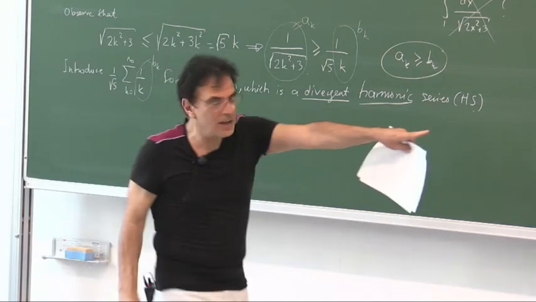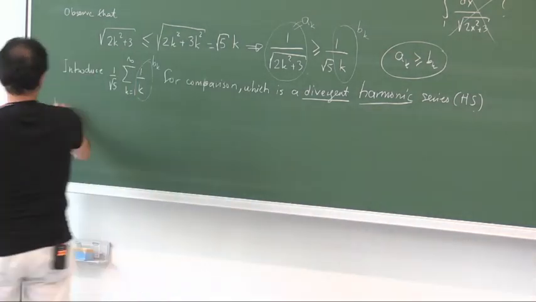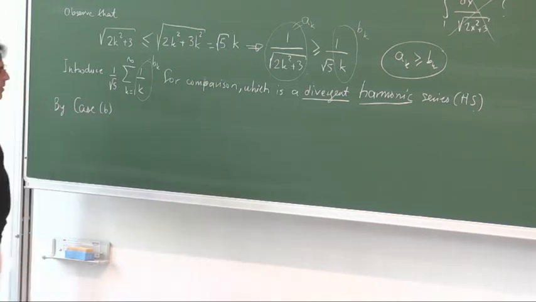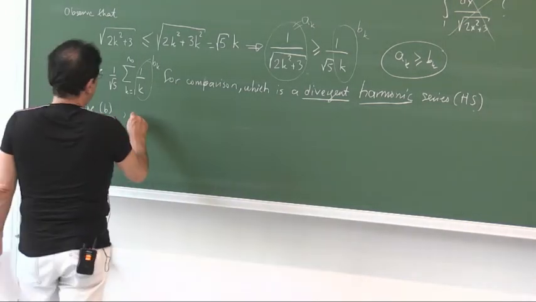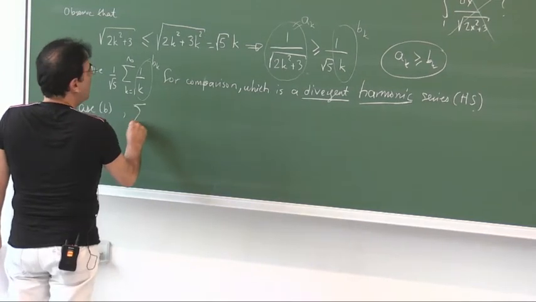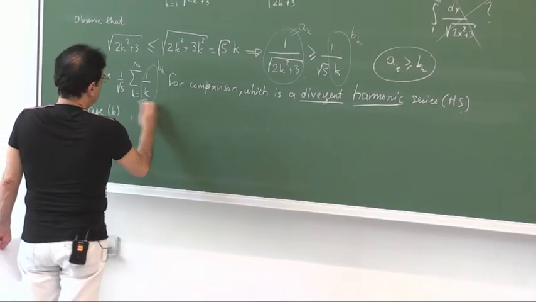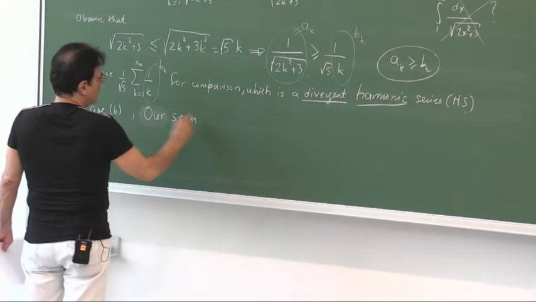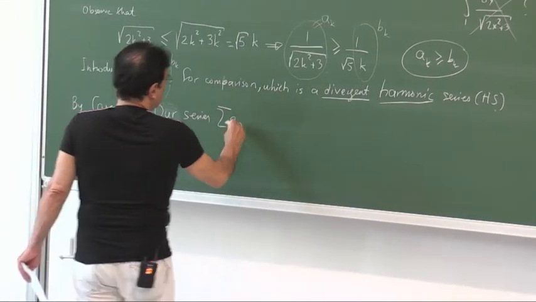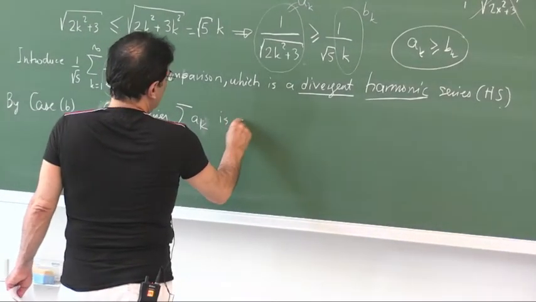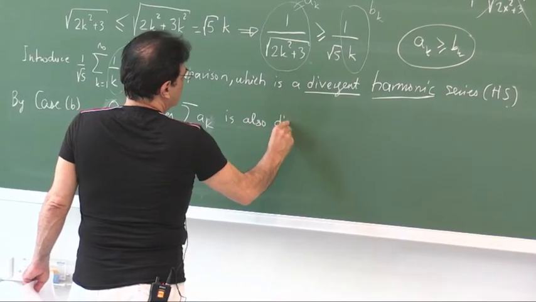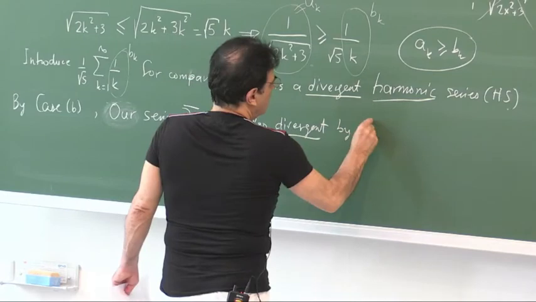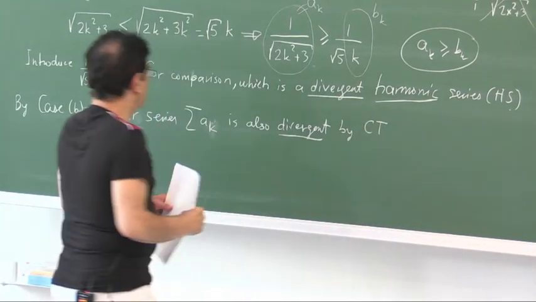So we have case 2, case B. Okay? Sigma an, our series, sigma an or ak, is also divergent by the comparison test. Do you understand?